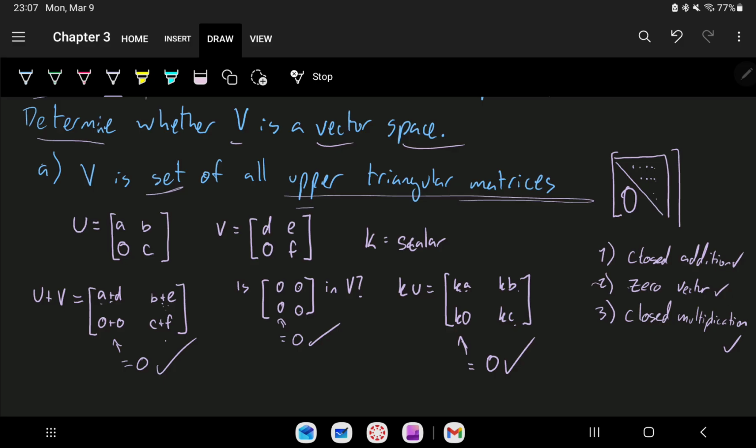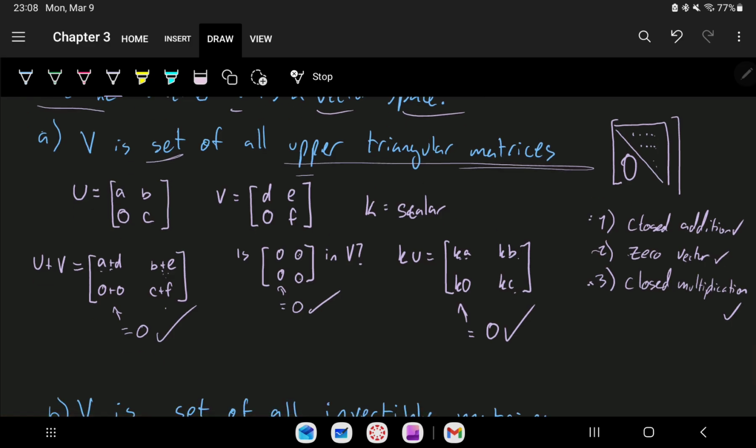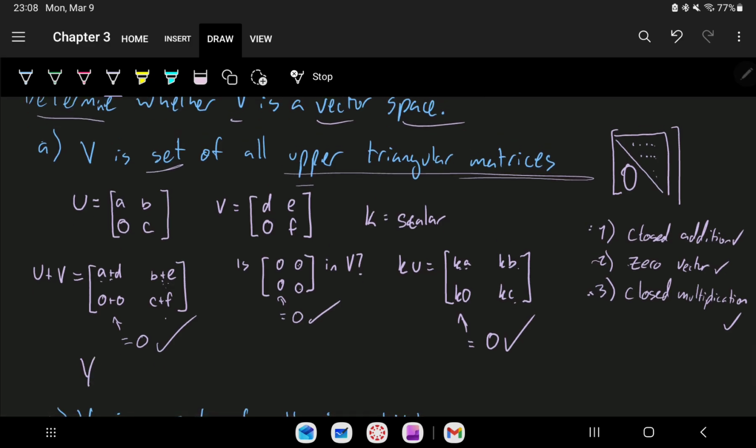I just think it's a very handy one, honestly, to keep in your back pocket. So I like to actually work that into the routine. But we will see in the next section that this one and this one are going to be the golden tests. So at this point, we are comfortable saying, yes, V is a vector space.